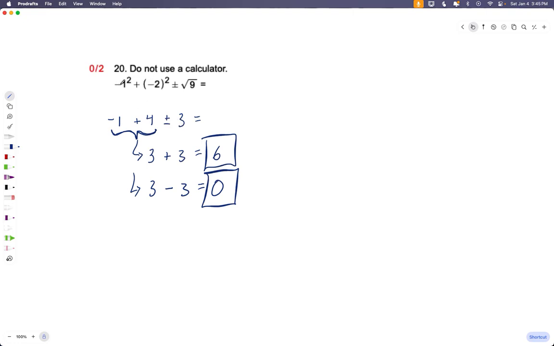But because this negative is not in parentheses here, all right, the exponent is only attached to the 1, so it remains a 1 because 1 times 1 is 1, and the negative is on the outside of that.